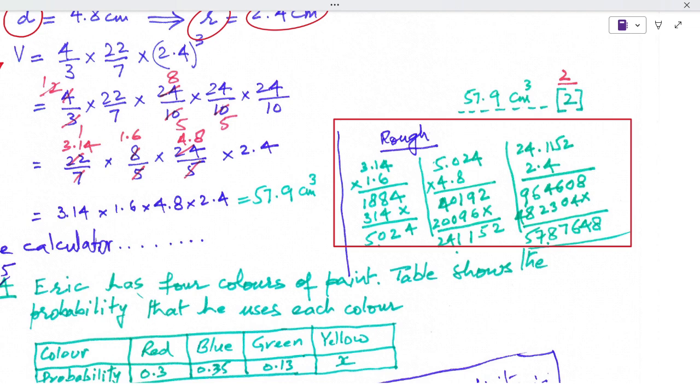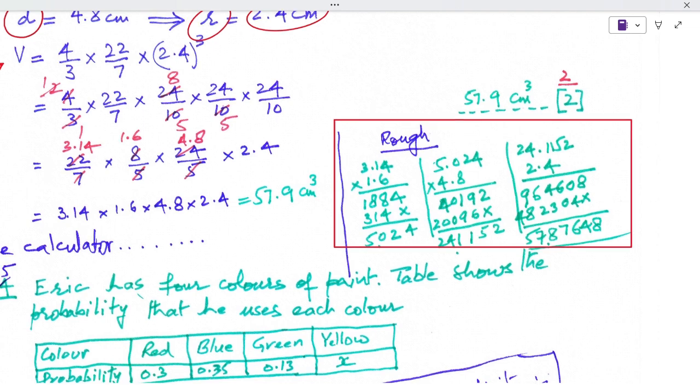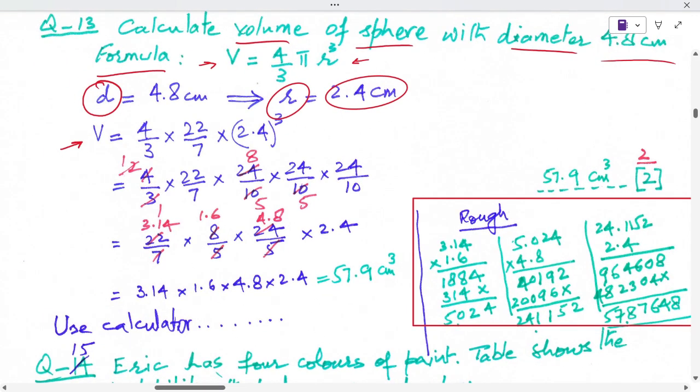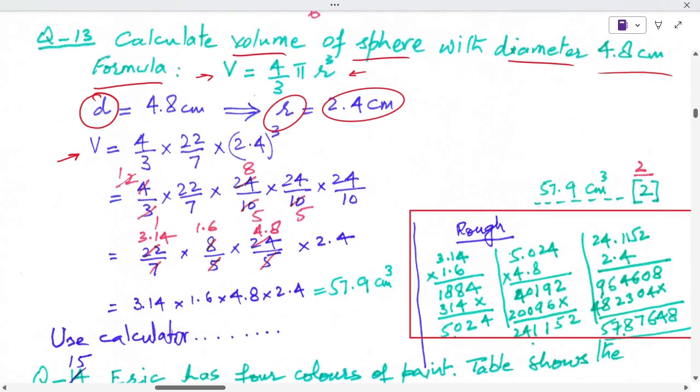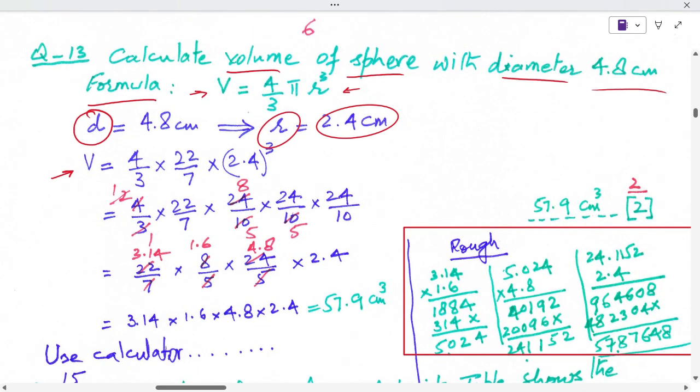This type of question would normally be given to you when you will be allowed to use a calculator, and in 2023 the calculator was allowed. Now the calculator may not be allowed in paper 1. So maybe the cube power may not appear, or the number may be simpler for calculation. So don't have to worry about that.